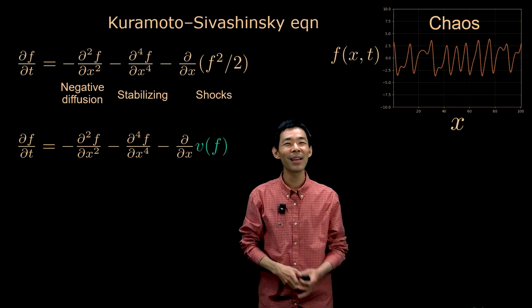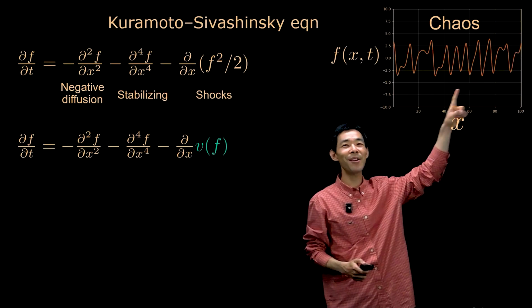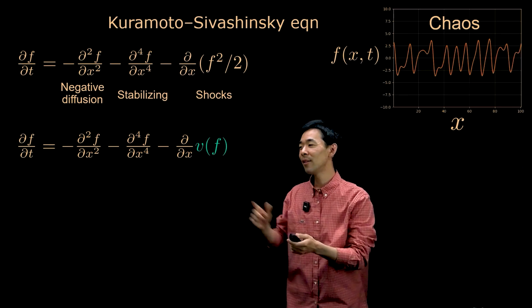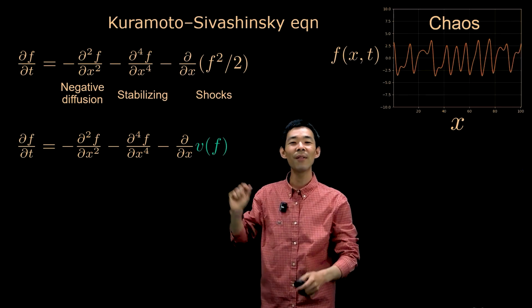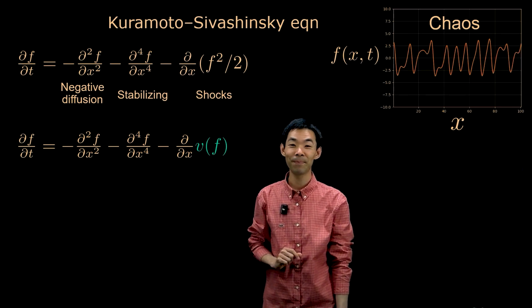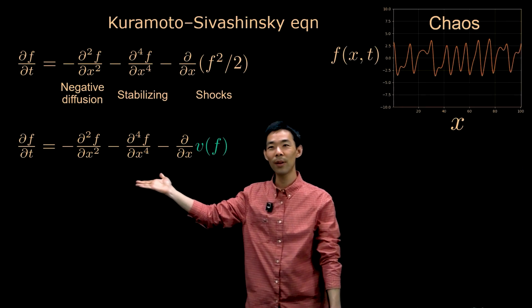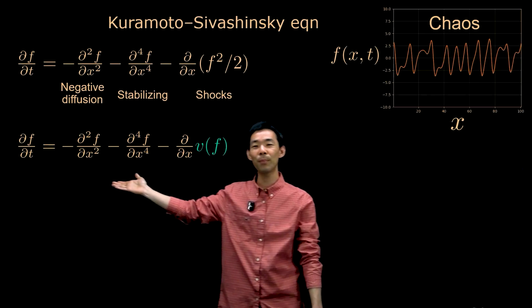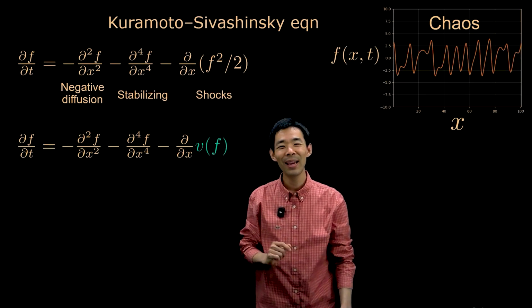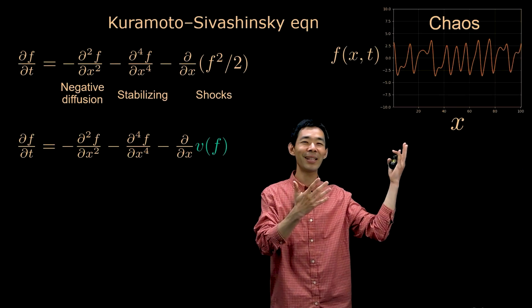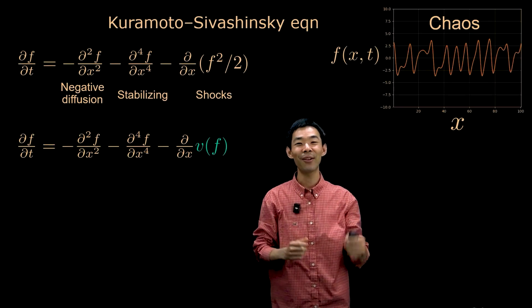And we want to ask, can we just use information that we've collected from our experimental measurements alone to figure out what this v function might be? So once again, we're putting in mathematical structure. For example, we're putting in a negative diffusion, we're putting in a positive stabilizing term with the physical insight that those terms are required to explain the dynamics of these chaotic migrating fronts.